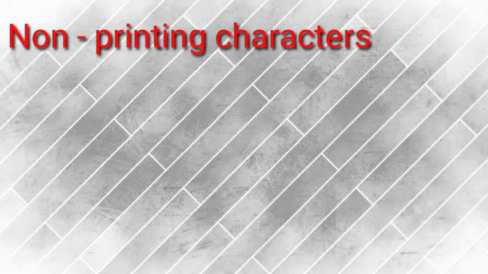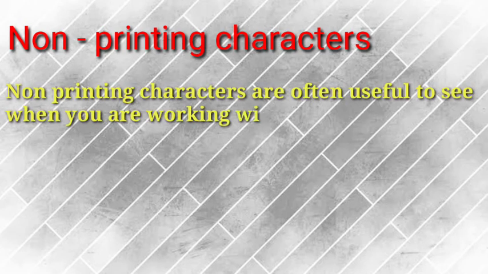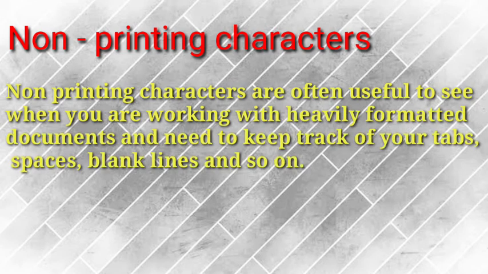So the next topic is non-printing characters. What are non-printing characters? When you work in OpenOffice Writer, you can see different kinds of special characters on the screen, which show the places where you press the space bar, enter key or tab key. So these are called non-printing characters.